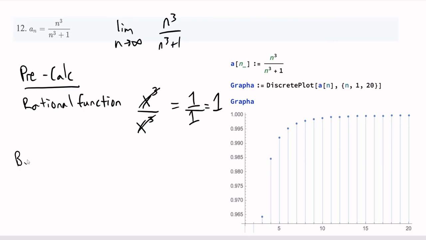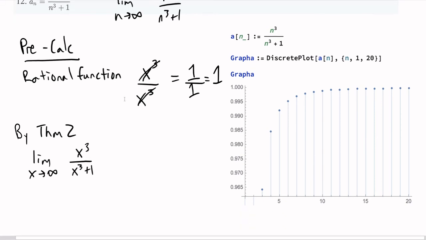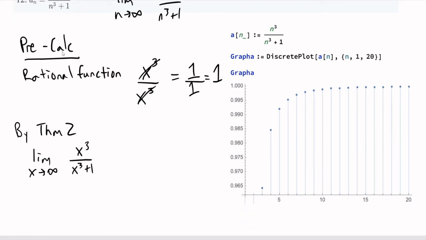Well, by theorem 2, we can take this limit instead, x goes to infinity, of x cubed over x cubed plus 1. And this limit, we have our pre-calc way. We could do L'Hopital's. So this would be number 1 way to do this, L'Hopital's would be number 2.